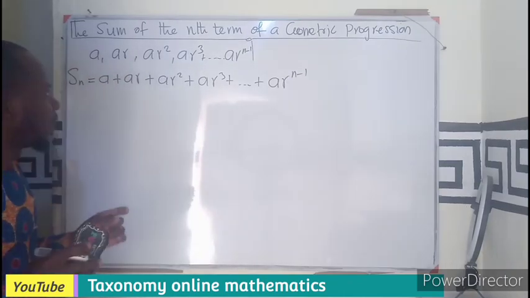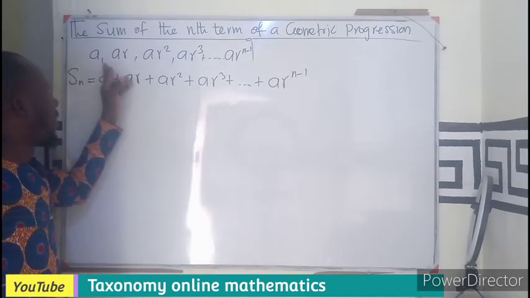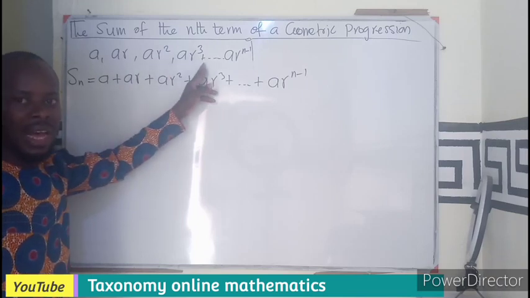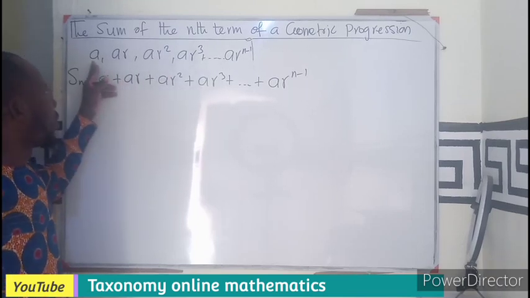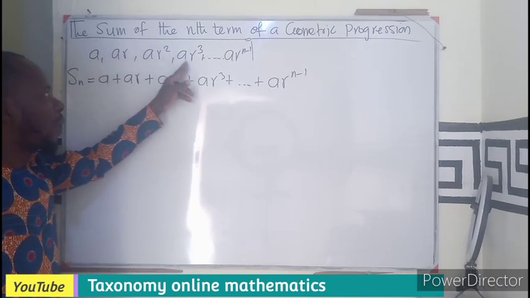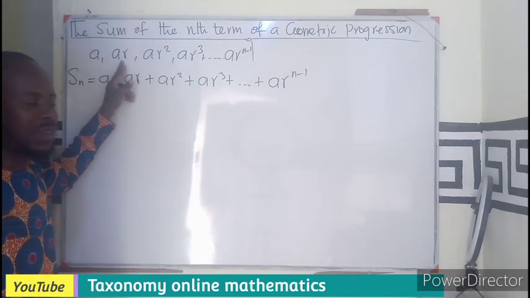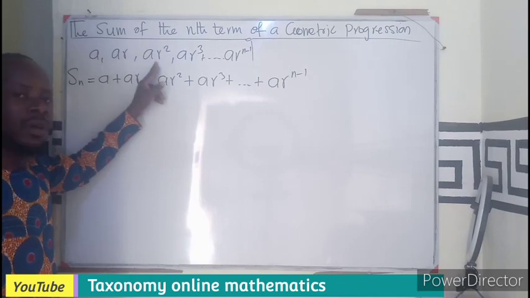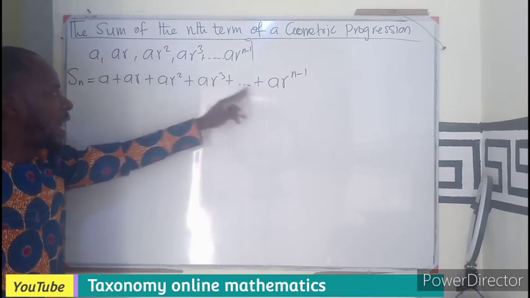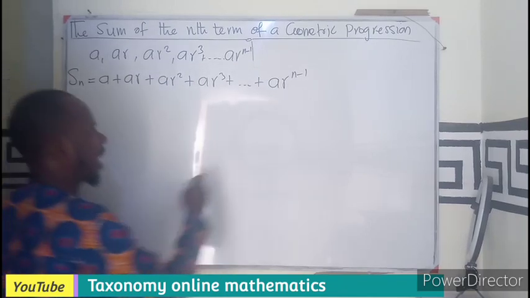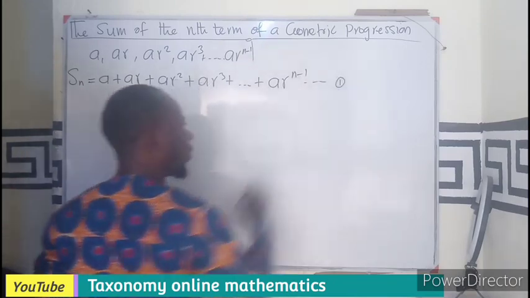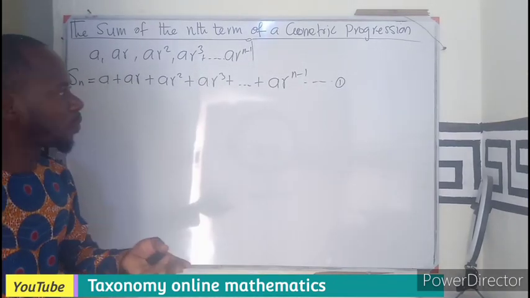We also know that in generating this GP, each term is multiplied by the common ratio. So a times r gives you ar, ar times r gives ar squared. So we can also multiply this first equation by the common ratio.